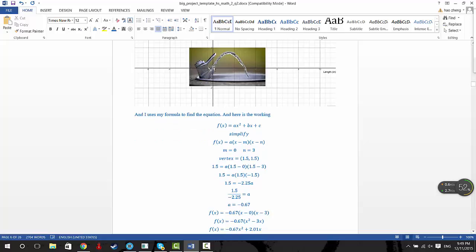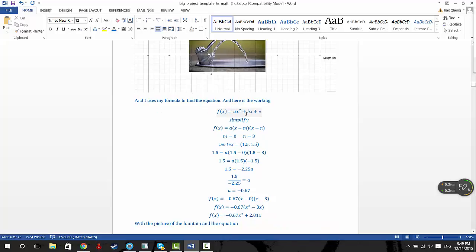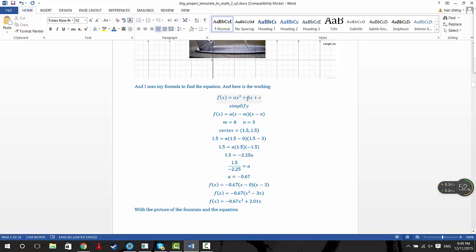So I can see the distance of the x, how long it shoots and how high it is. And we do the same thing. This is the basic formula we want at the end, but we break it down to be this one.